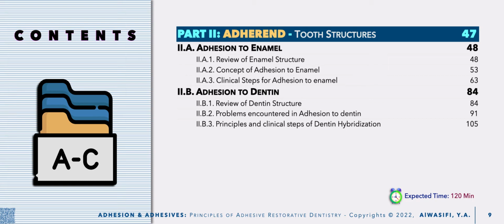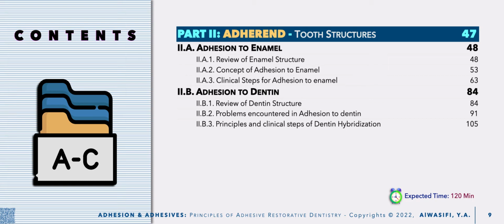Also, we discussed the problems encountered in adhesion to dentin, including its heterogeneous histological and chemical structure, and the difference in mineralization that takes place according to age and from area to area in the same dentin of the same tooth. Also the lowered surface energy due to its higher organic content, and we clarified that conditioning of dentin lowers its surface energy, as it gives the organic part a relatively higher percentage of its composition.